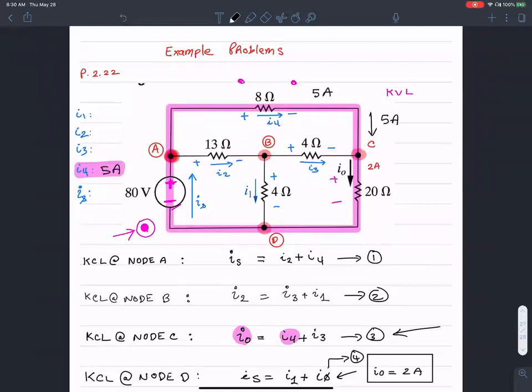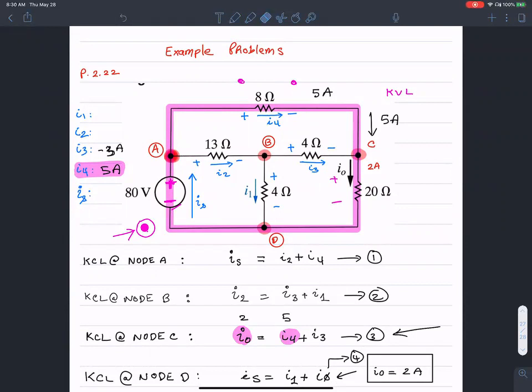I4 is 5 amperes. Sorry, that's 5 amperes. And I naught is 3 amperes. So I3 should be -2. I3 is -2 amperes, right? Or -3, sorry. So this is 5. Yes, correct. Sorry, I had my mic muted.